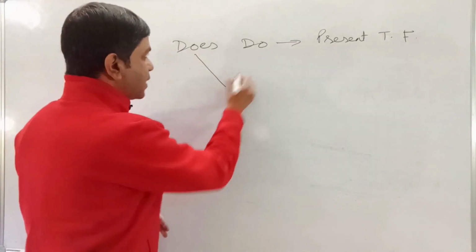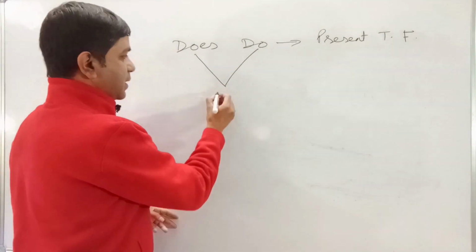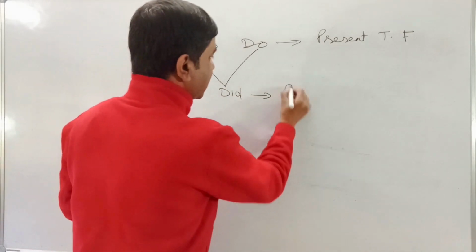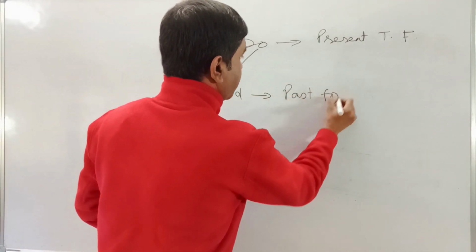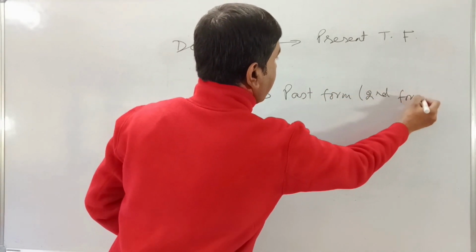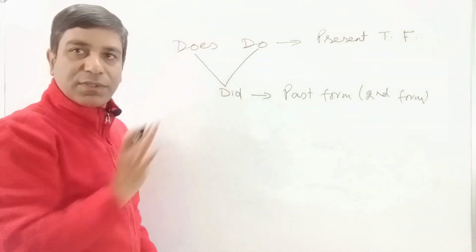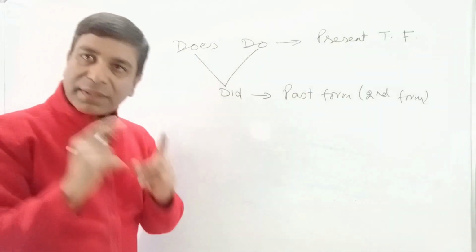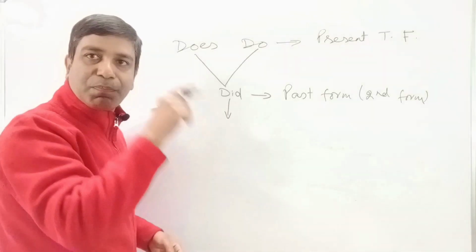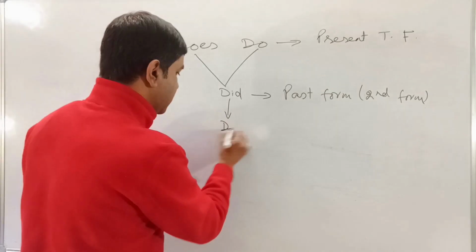When you change does and do into past tense, it becomes did. So did is the past form or the second form of does and do. Now, what is the third form of did? The third form or the past participle form of did is done.